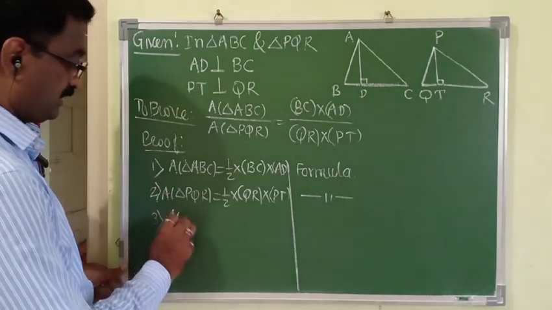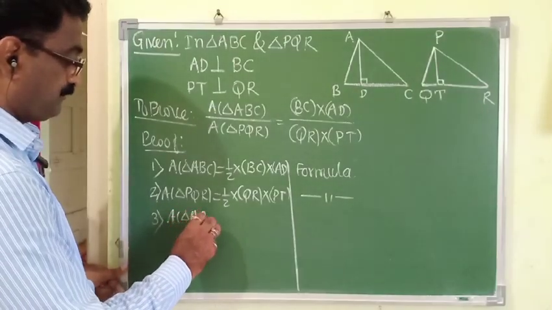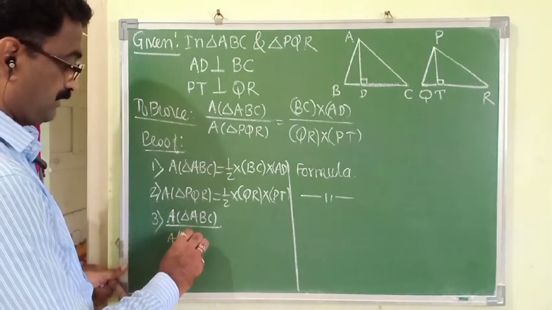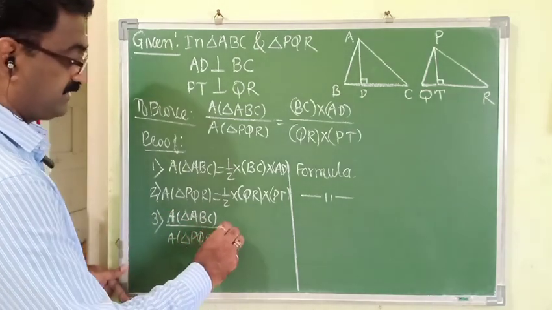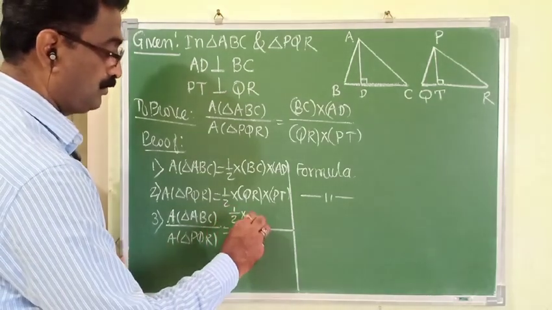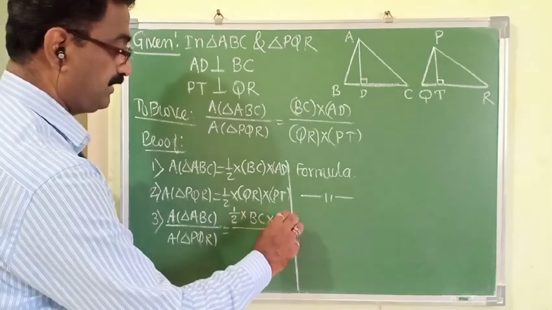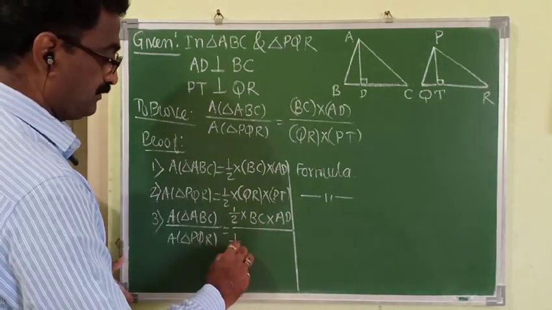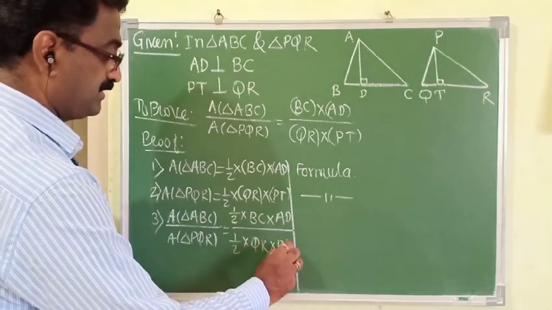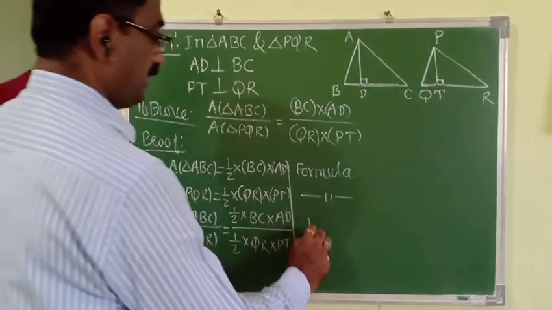That means area of triangle ABC upon area of triangle PQR is equal to, in the numerator 1 upon 2 BC into AD, in the denominator 1 upon 2 QR into PT. From 1 and 2.